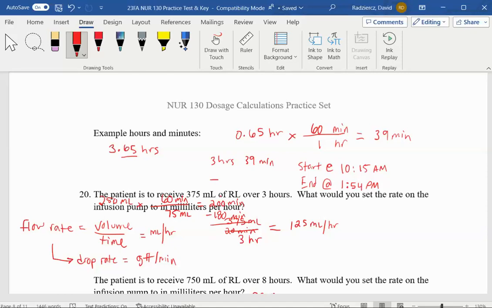So if you see a question on ATI that says the infusion starts at and ends at, or asks if it started at 10 a.m., when would it end, that's how you would answer that question. So hopefully that makes sense.